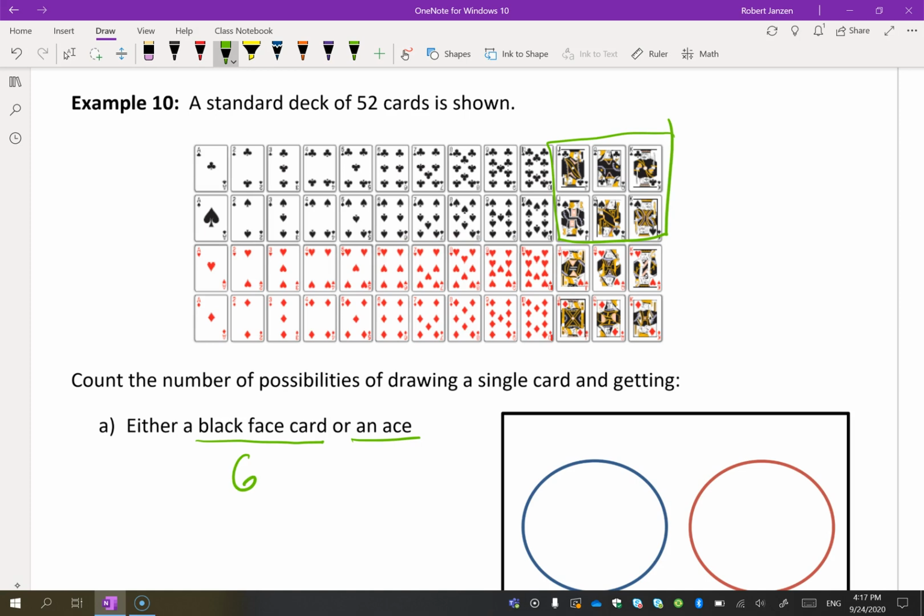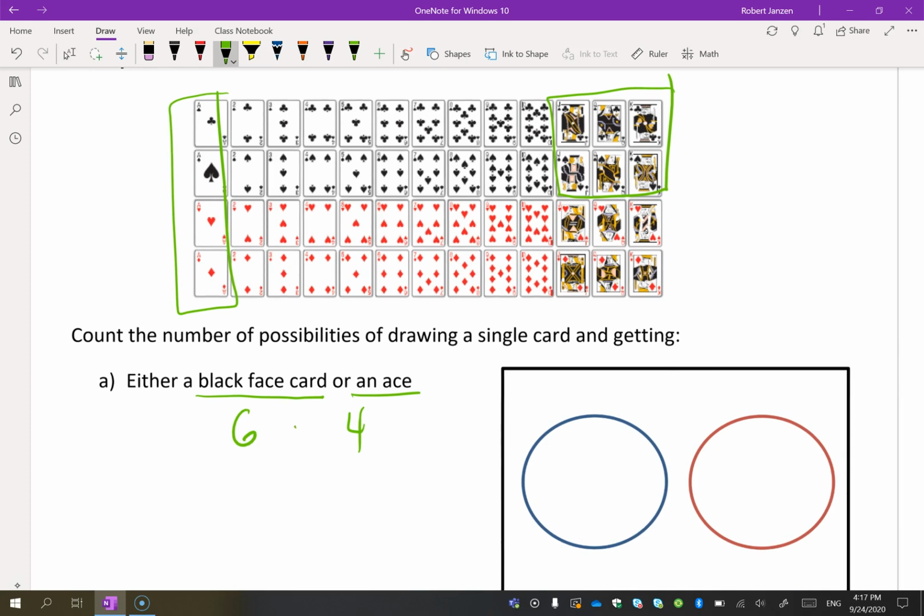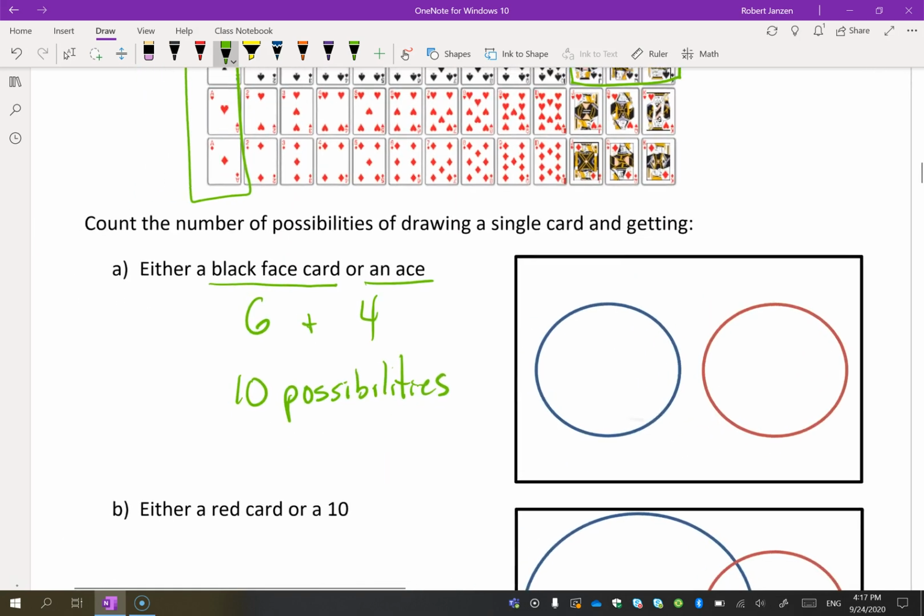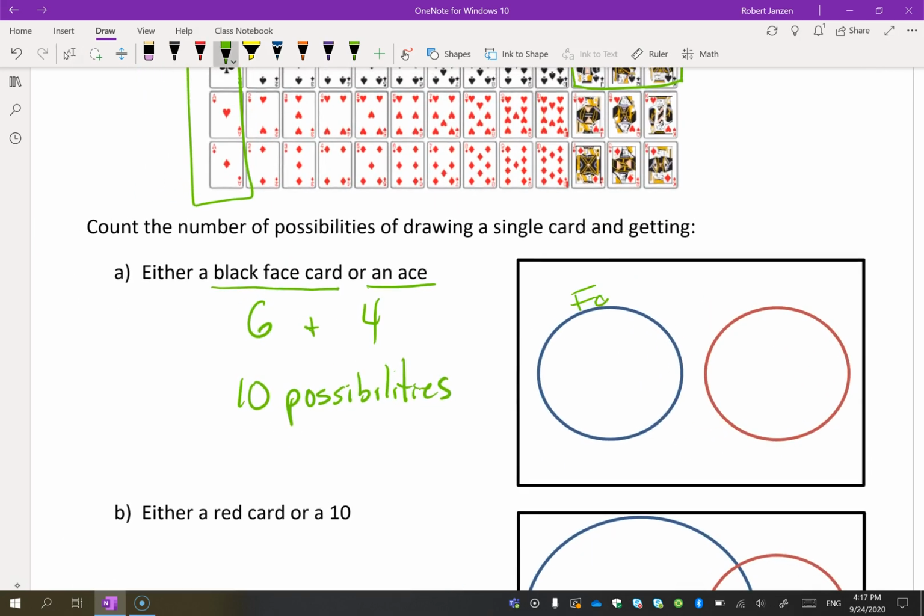So there are 6. And then we also want to know how many aces are there. There are 4. Okay, so how many possibilities? 10 possibilities. Okay, why is that the case? Because face cards and aces are disjoint sets.